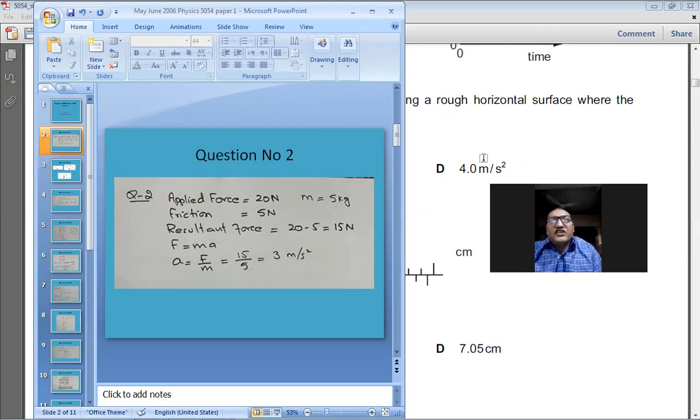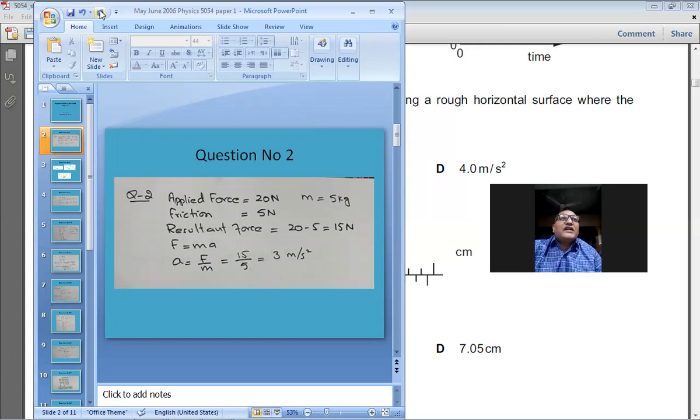The friction is 5 Newton. The resultant force will be 20 minus 5, that will be 15 Newton. F is equal to ma, so a will be equal to F divided by m. So 15 divided by 5, that will be 3 meter per second square.